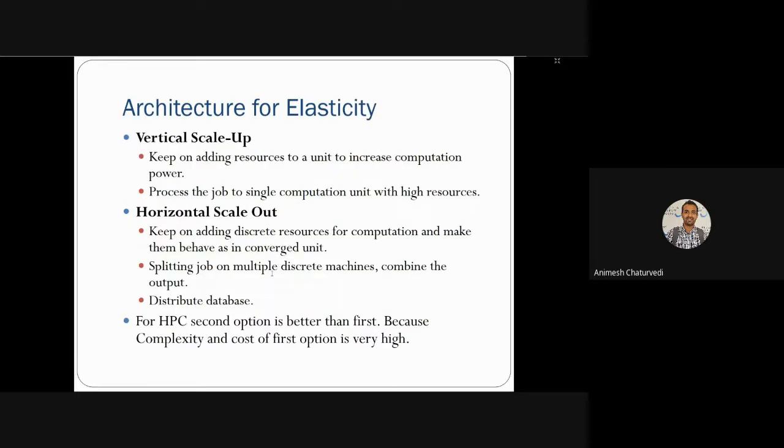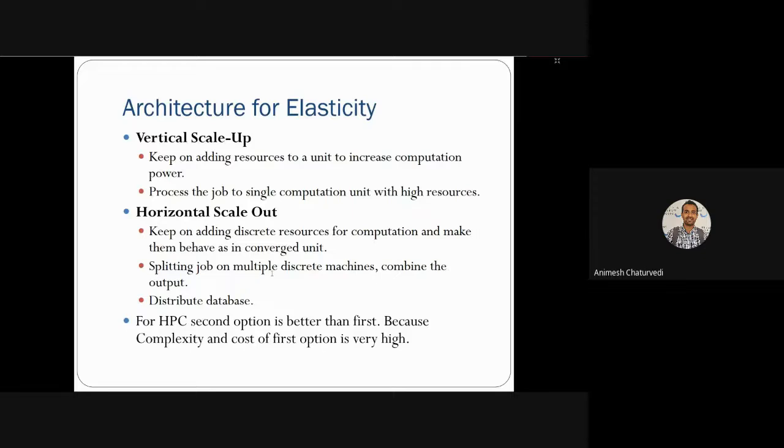Then there are two types of scaling, and we'll discuss elasticity with those scaling. There are architectures for elasticity. They are scalable according to two rules, where you keep on adding resources and keep on increasing the computational power.